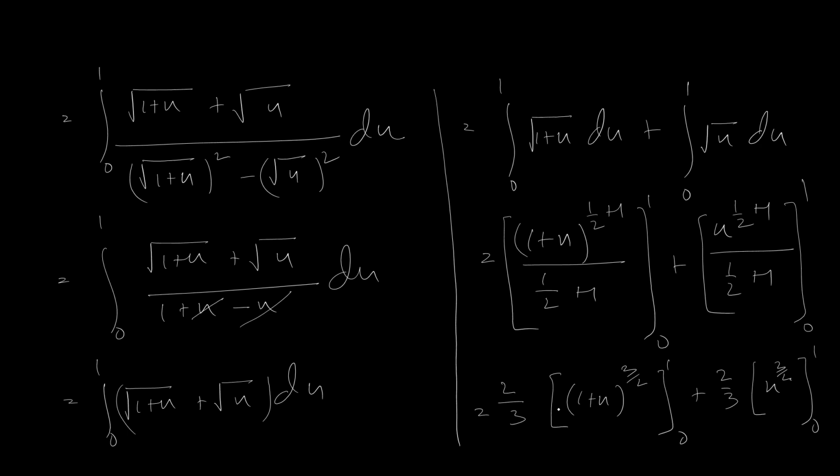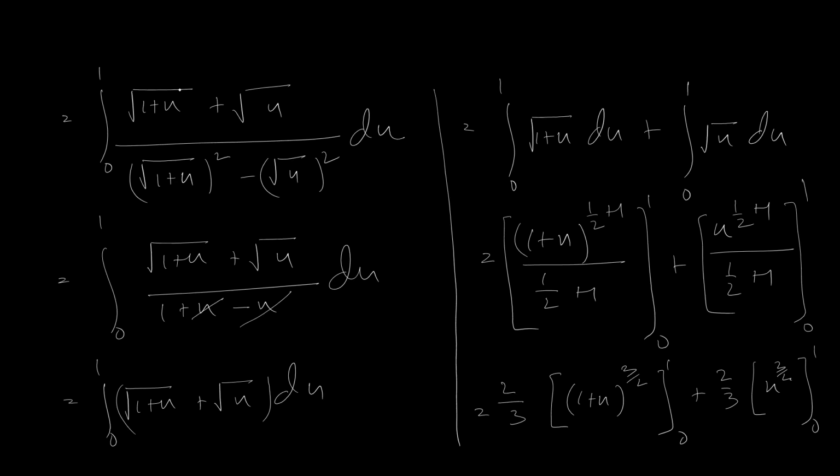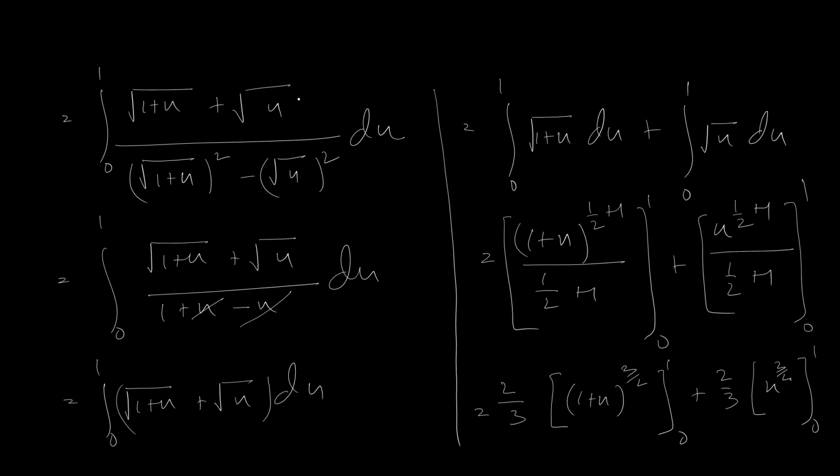Okay, so here if I take 2 by 3 common, I get 2 by 3 in a big square bracket: 1 plus x to the power 3 by 2, plus again x to the power 3 by 2, from 0 to 1.